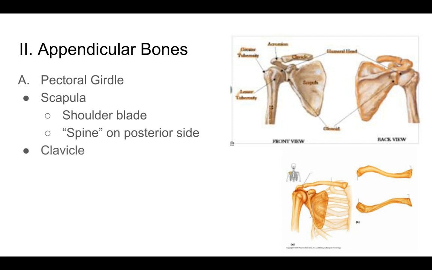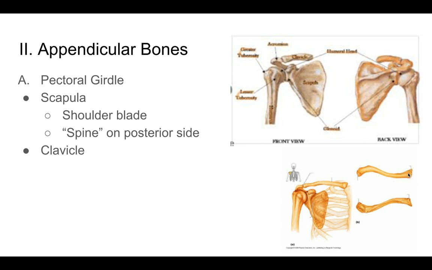Also in the pectoral girdle is your clavicle. So down here in the diagram, this should be labeled as your clavicle. These are also your clavicle bones. You're looking at the anterior surface and posterior surface of your clavicle bone. You'll notice that one end looks like it's been chopped off.